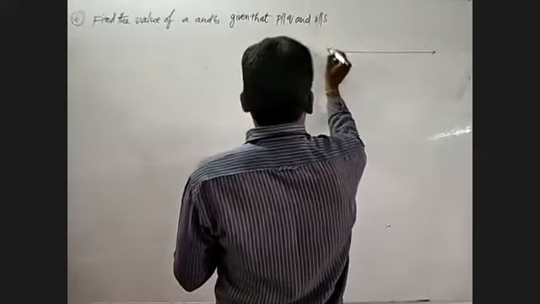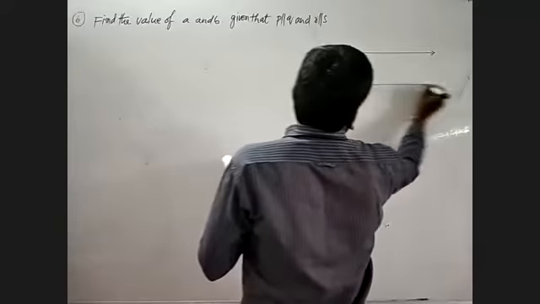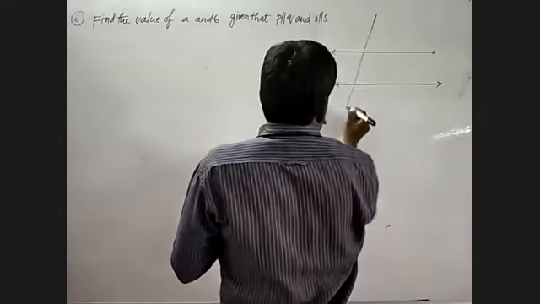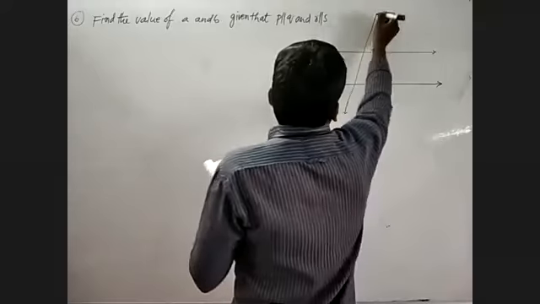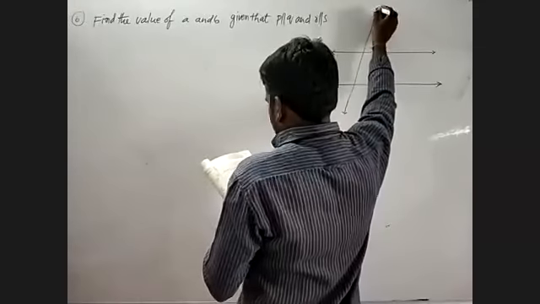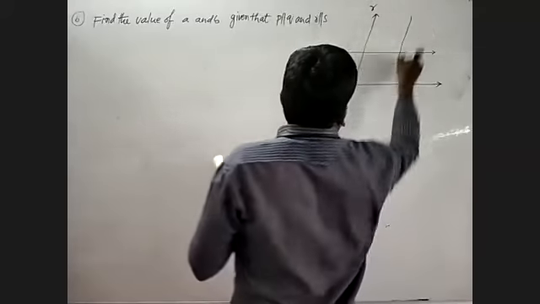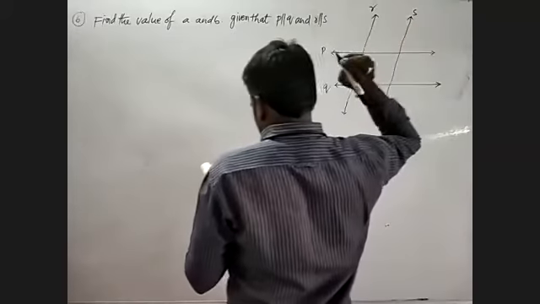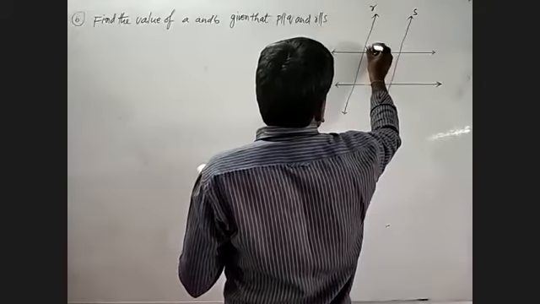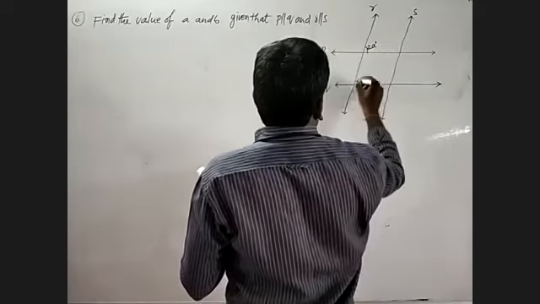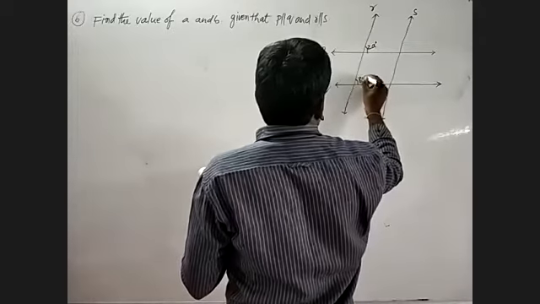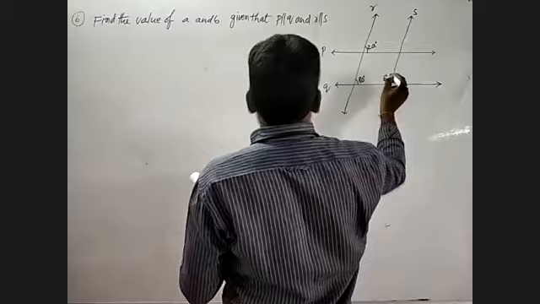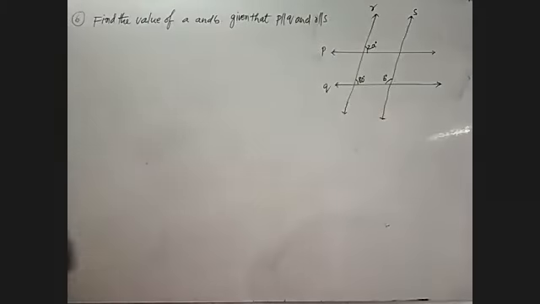This is the given line P. After that, this is Q. After that, this is R. After that, this is S. This is 2A degrees. This is 80 degrees. This is B degrees.